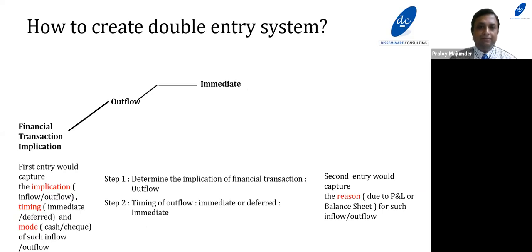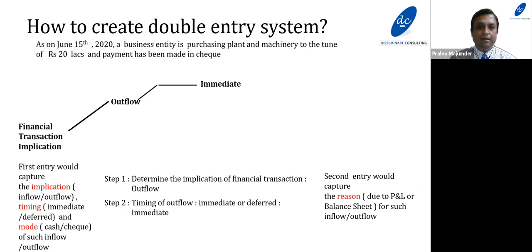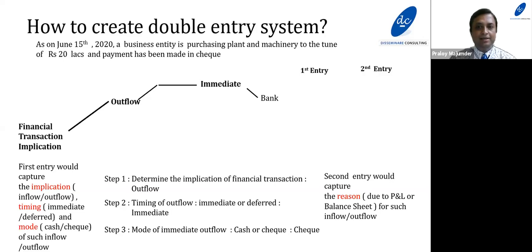In this case, it's an outflow, an immediate outflow in the form of a check. So the first entry would be credit balance sheet asset, current assets, bank, rupees 20 lakhs. Second entry, this is an outflow, but this outflow would result in future inflow. So that's why it's a balance sheet item, and it would be a balance sheet item under the head plant and machinery.